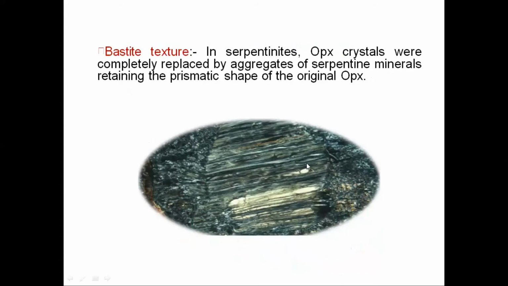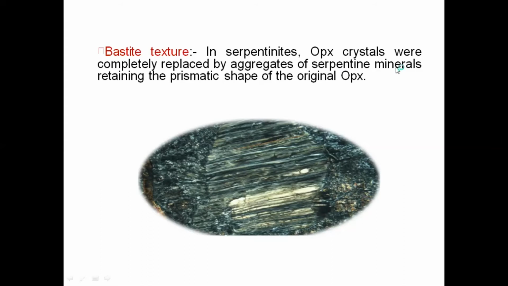Then comes the bastite texture. What happens in bastite texture? One mineral is replaced by another mineral, but the texture or orientation of the first mineral is maintained, and as a result we call this bastite texture. In serpentinites, OPX crystals were completely replaced by aggregates of serpentine minerals.